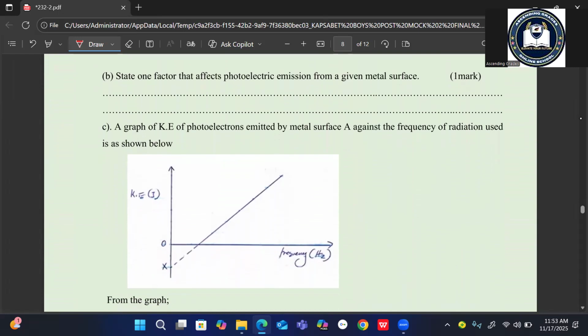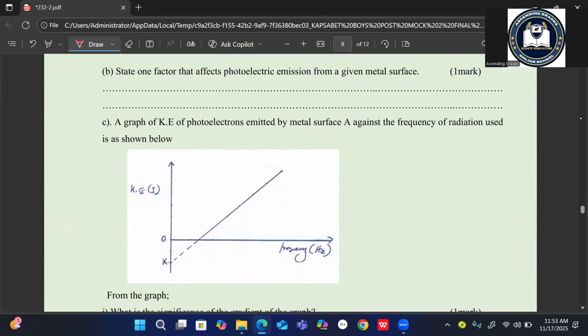State one factor that affects photoelectric emission from a given metal surface. We have the intensity of the radiation. We have the energy of radiation.